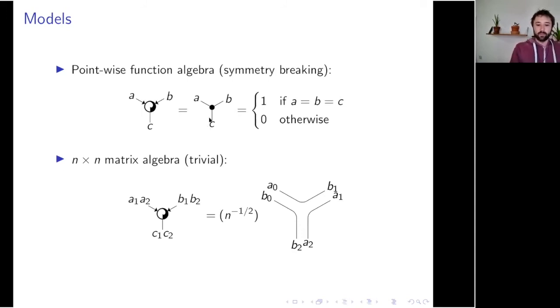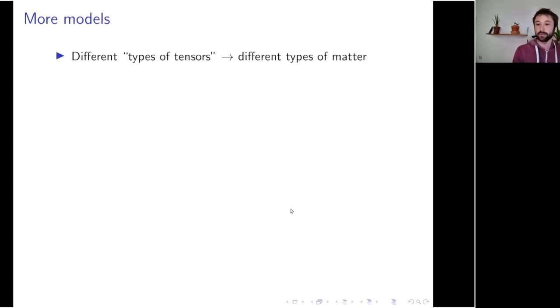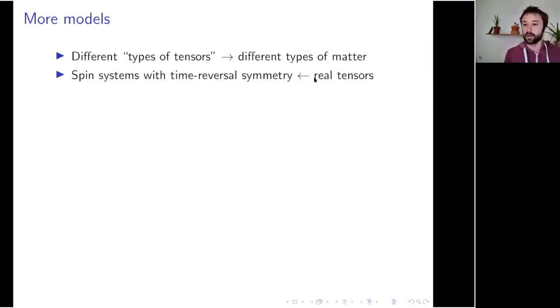However, when I told you that all models look like this, what I actually meant is that every model is isomorphic to a model of this form. That means that if I apply one and the same unitary to every index, I can bring the model into one of these forms. But now, if I restrict to real tensors, I'm also not allowed to use unitaries.